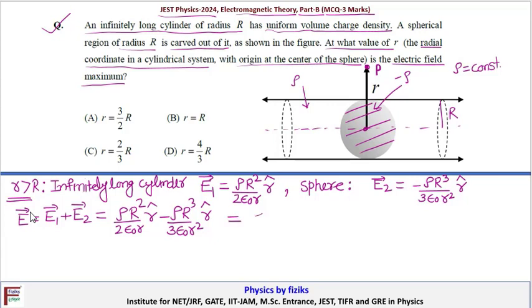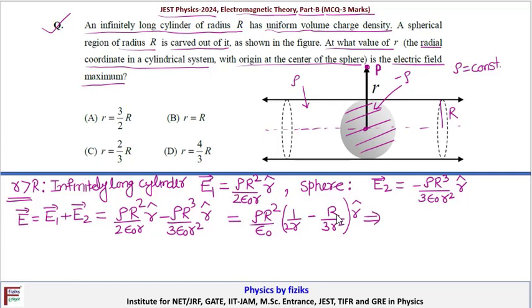And this we can write as, if we take rho R square by epsilon naught common, 1 by 2r minus R by 3r square, times r cap.